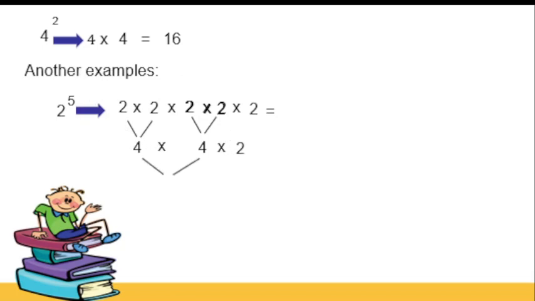The result of the product of 4 and 4 is equals to 16, multiplied by 2, so that is equals to 32.